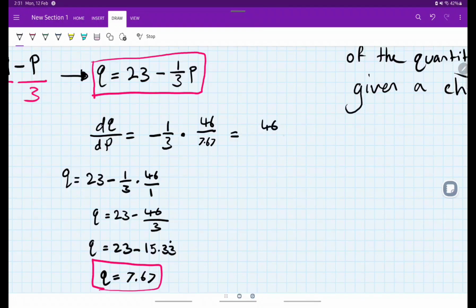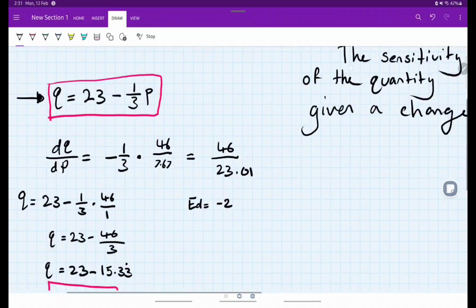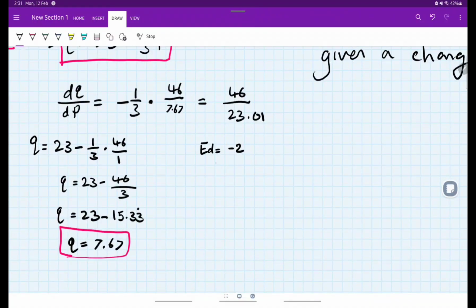You will get 46 over 3 times 7.67 is 23, technically 23.01. And that will equal -2. And taking the absolute value of that, you are left with 2.